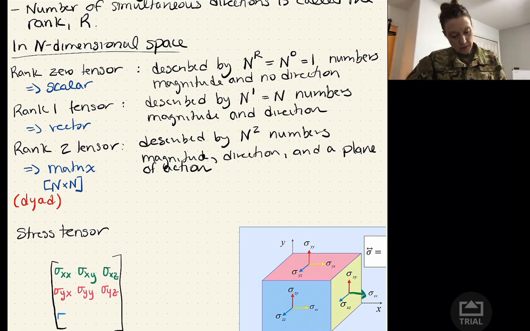So we have sigma zx, sigma zy, sigma zz. And what I would call this matrix, this tensor, is sigma ij. You should be familiar with this notation from the first discussion on Einstein summation notation.